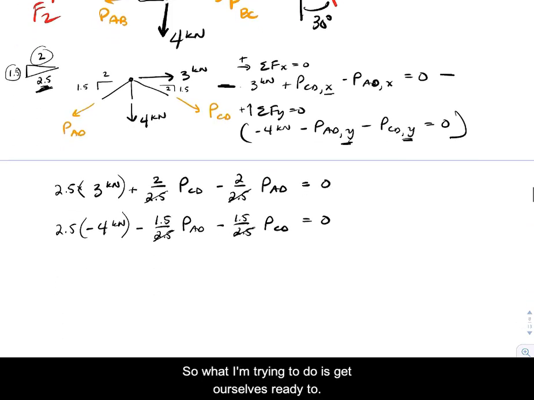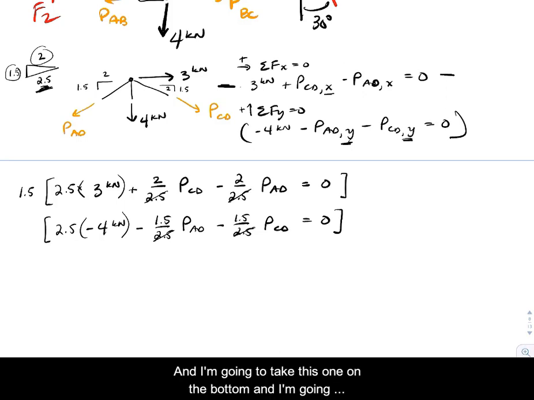What I'm trying to do is get ourselves ready to cancel. Now I'm going to take this whole equation and multiply by 1.5, and take this one on the bottom and multiply it by 2. And then I'm going to add the equations together.